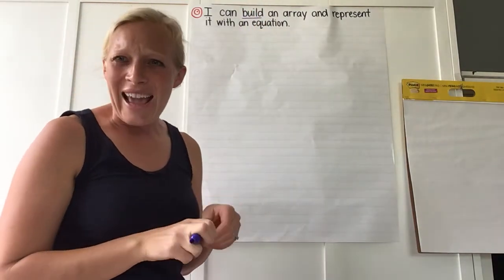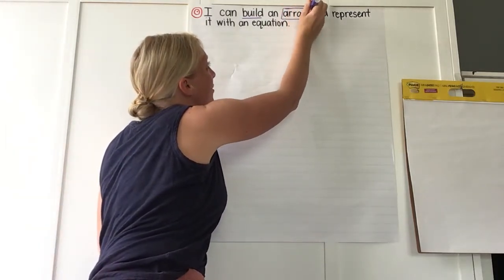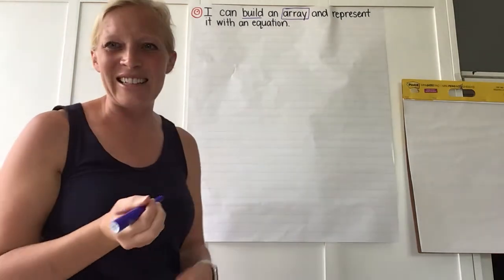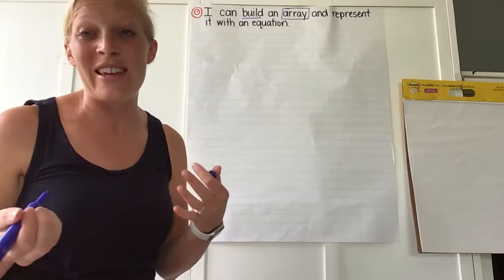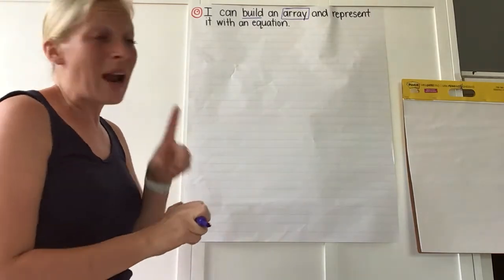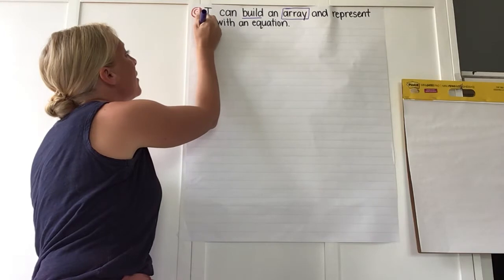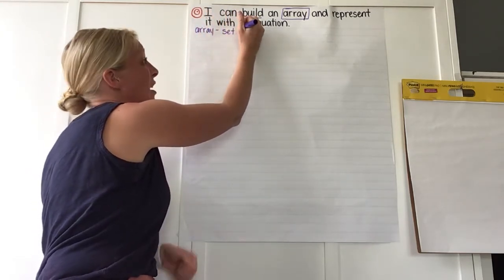An array. Ooh, that's a new word, and I'm going to define it right here for us. So when I say define, it means I'm going to tell you what it is. I'm going to give you the definition or the meaning of that word array. An array is a set of objects, and sometimes it's pictures.